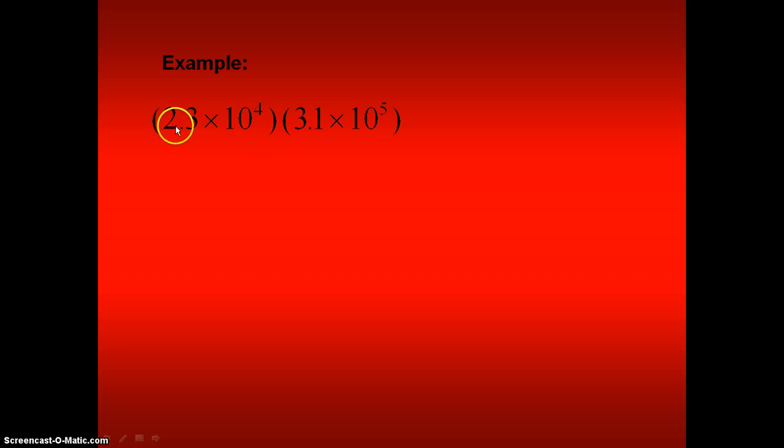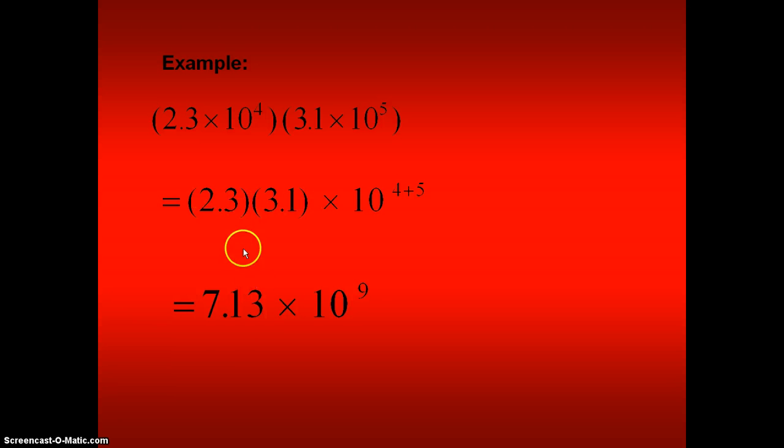So let's try that right now. Let's do 2.3 times 3.1. And then we're going to be adding 4 and 5 together and leaving the base alone. So when you multiply here, you're going to get 7.13, and this is times 10 to the 9th power because 4 plus 5 gives you 9.